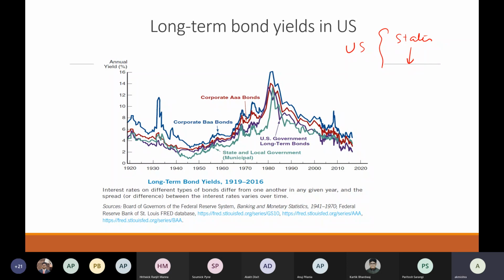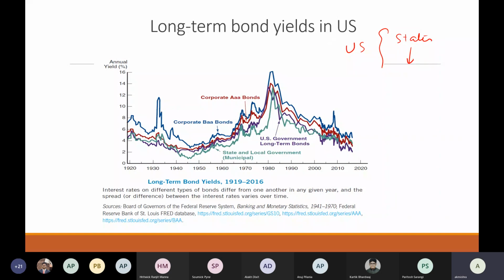Even if you move from one state to another, you will find all regulations are different. That could be the reason why in India we expect that central government bonds are more secure than state government bonds.